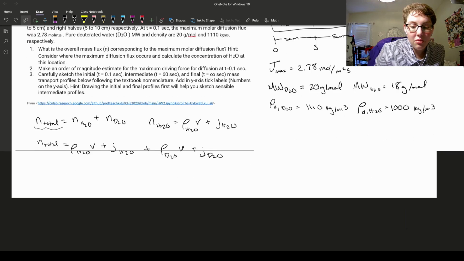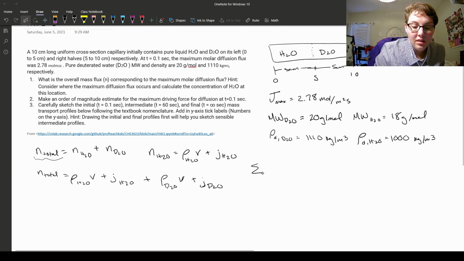We know as a general rule that the summation of mass diffusive fluxes or molar diffusive fluxes will always end up being 0 in the end. So we know that the mass diffusive flux of H2O plus the mass diffusive flux of D2O is going to be equal to 0.